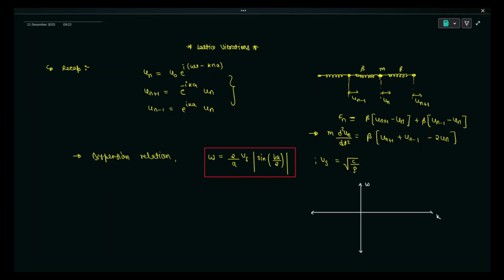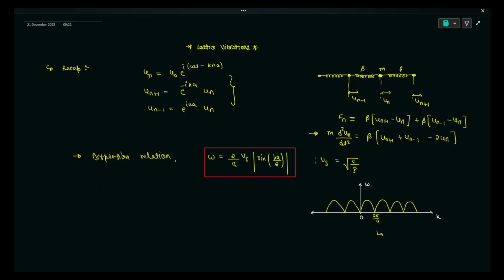Now notice here that the frequency of the vibration has to be a positive quantity. This means that the plot should be only in the first and second quadrant, and it will be a series of positive sine lobes, where the frequency will again vanish at 2 pi by a.